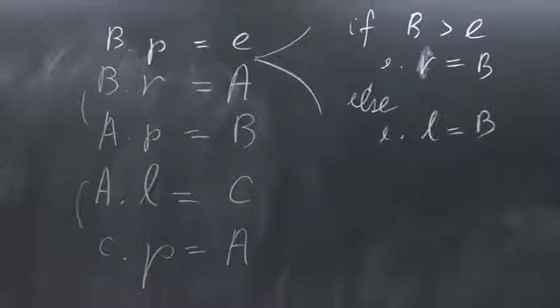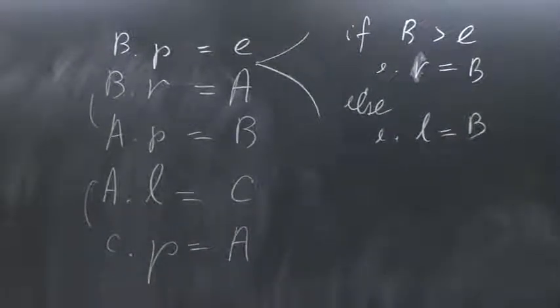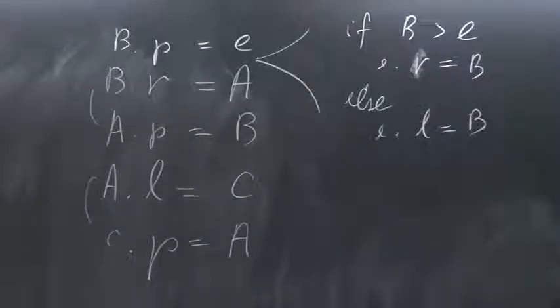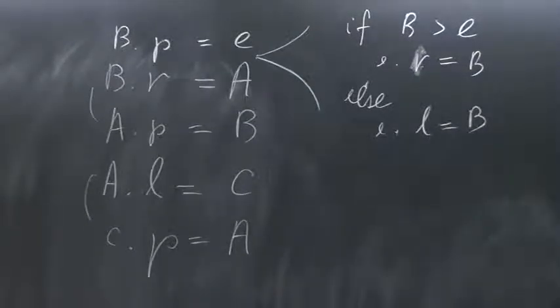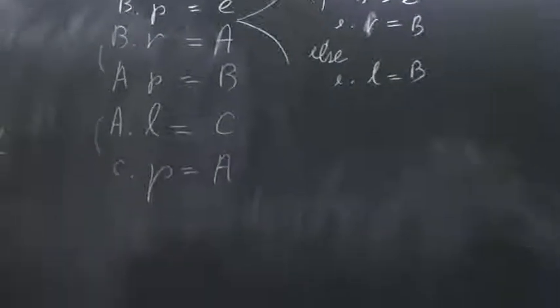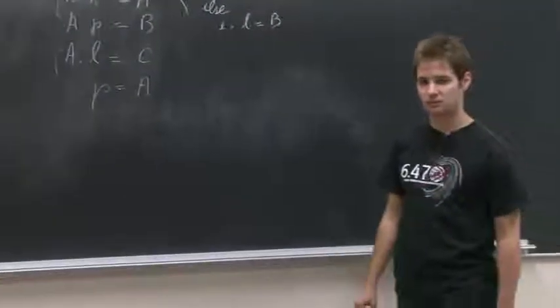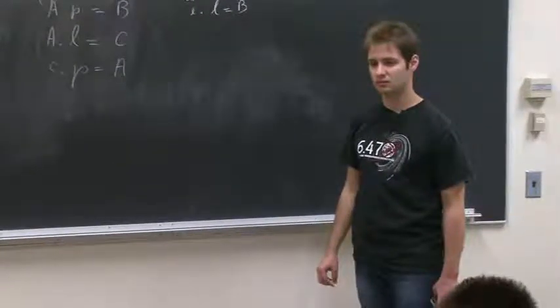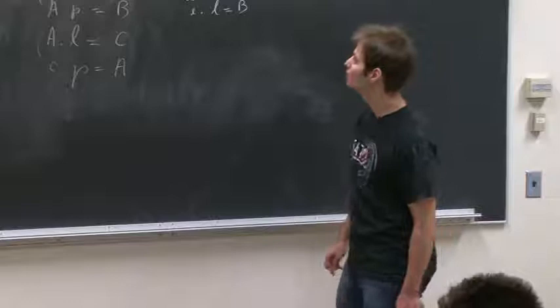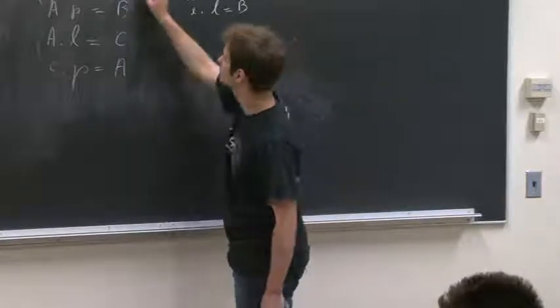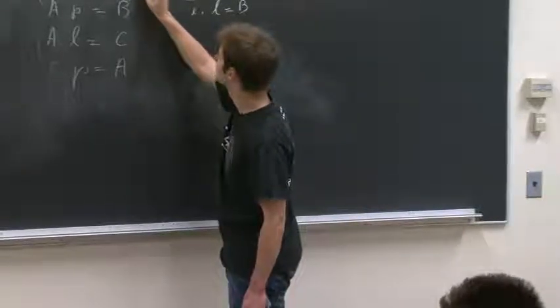Now suppose comparisons are expensive and I don't want to do a comparison to find this out. I want to play with the tree instead. What do I do? Can you see which one A was before that? So if A used to be the right child, then now B is the right child?